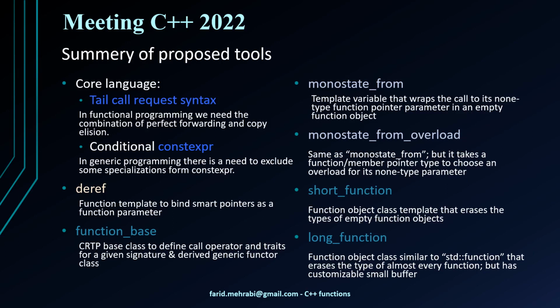And we can use an inline function template as a successor replacement for std function, which enables the user to customize the size and alignment of its small buffer. And the only functional difference with std function is that this inline function doesn't allow naked function pointers or member pointers or their bindings as its input.